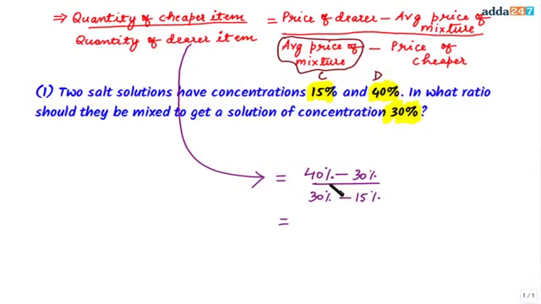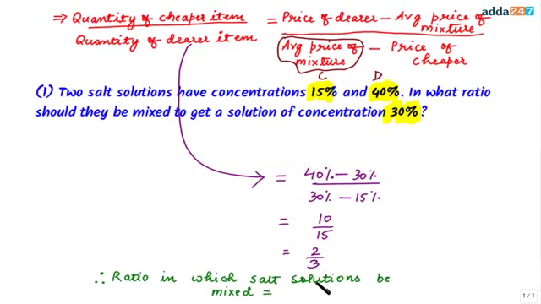So this will be equal to 40 minus 30, which is 10, over 30 minus 15, which is 15. So this will be 2 by 3. Therefore, the ratio in which the salt solutions should be mixed is 2:3.